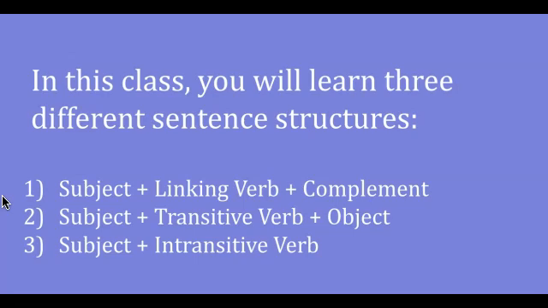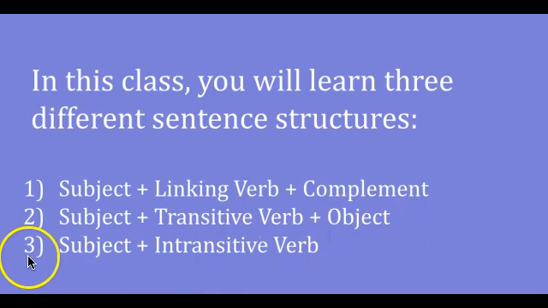In the first structure we will learn in the class, we will learn how to use linking verbs, because linking verbs connect the subject to the complement. The second structure, we will learn how to use transitive verbs to talk about how the subject does an action, and that action in the transitive verb is received by the direct object.